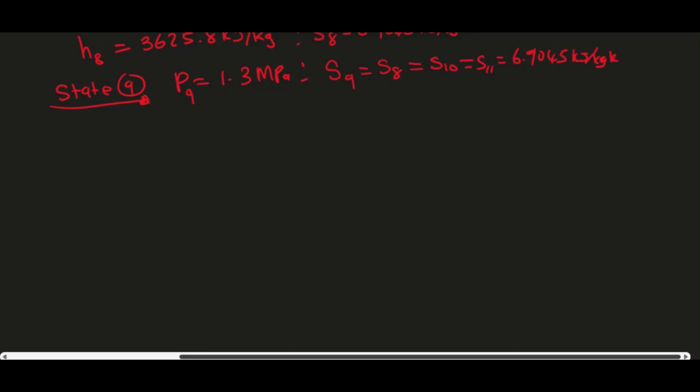So let's go. In order to fix a state, you need two properties, and we have those two properties. We have the pressure at state 9, and we have the entropy at state 9. Entropy is a property, pressure is a property. Therefore, our state can be fixed.